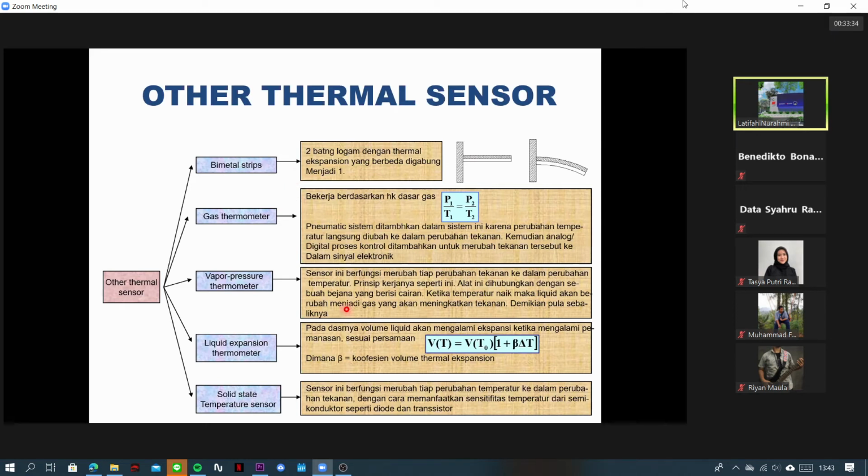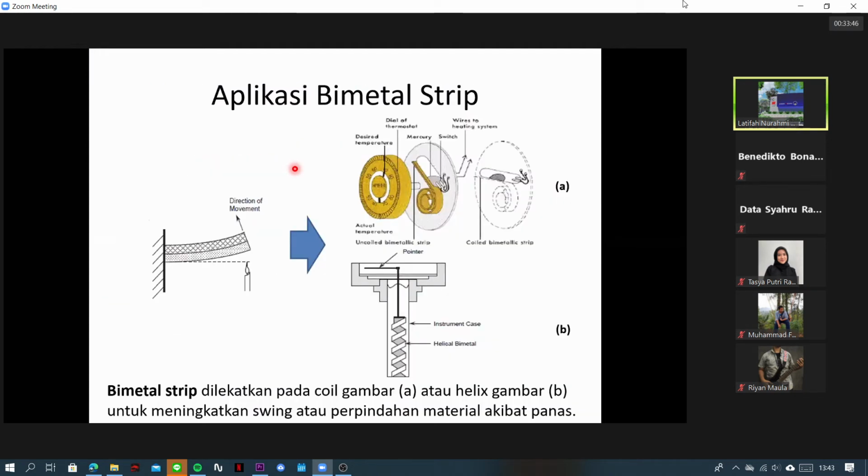Okay, so you can read this on your own, one by one. What is the solid state temperature, bimetal stripes of thermal sensor, and so on. So the bimetal stripes of thermal sensor here, you have two metal stripes like this.